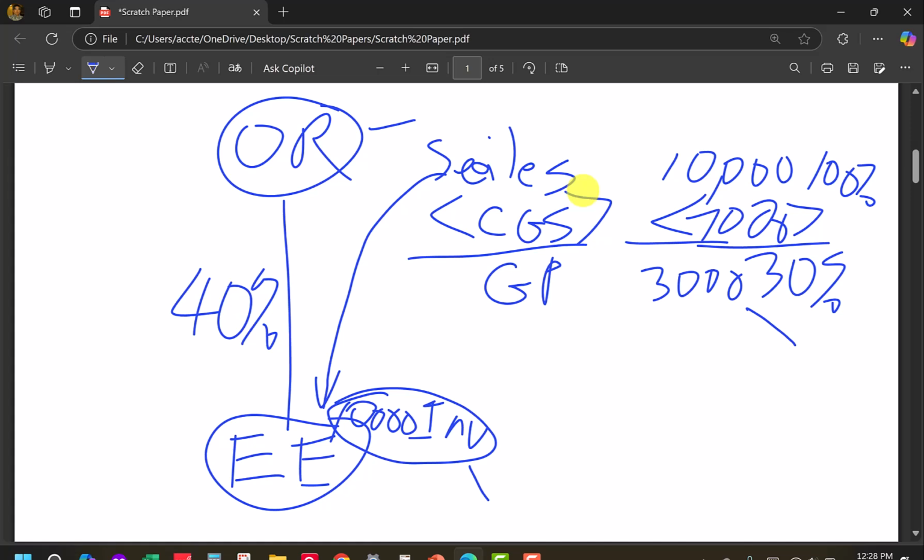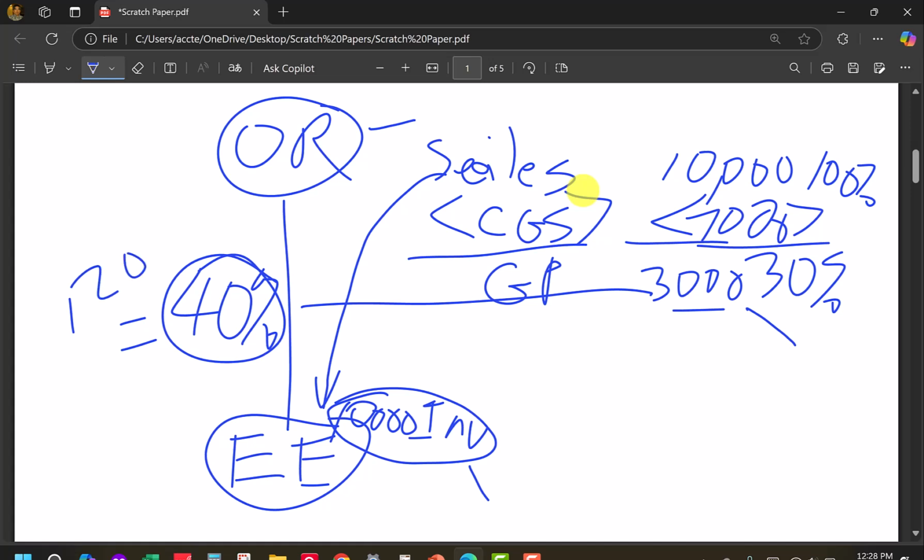But because we own only 40% of the investee, you don't defer all of this $3,000. You defer $1,200 of the profit, postponing it.